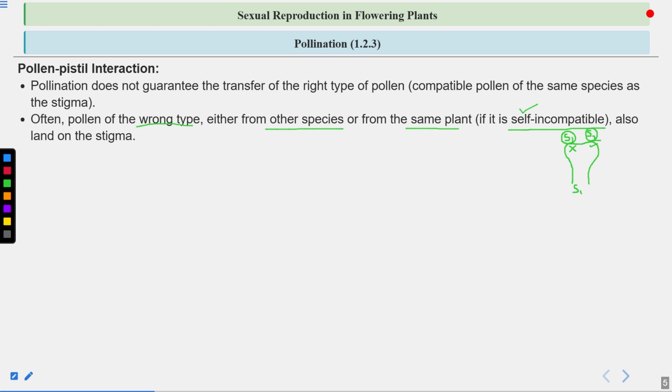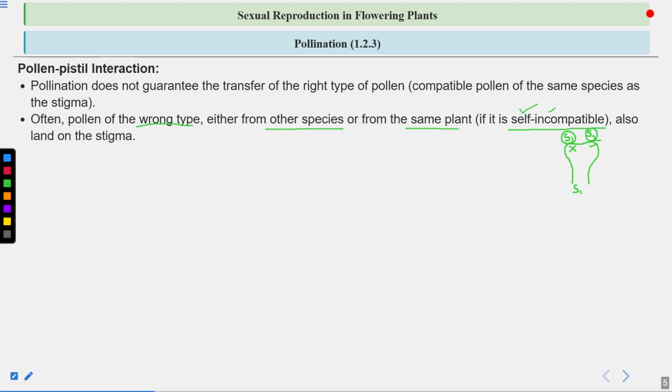If they have S1 in the pollen grain and S1 again in the pistil, then the pistil will not allow the pollen grain to germinate, and this comes under self-incompatible. Self-incompatible means both the alleles of a gene are the same and it does not allow the same type of pollen grain. As they have the same type of gene, they will not be allowed to germinate.